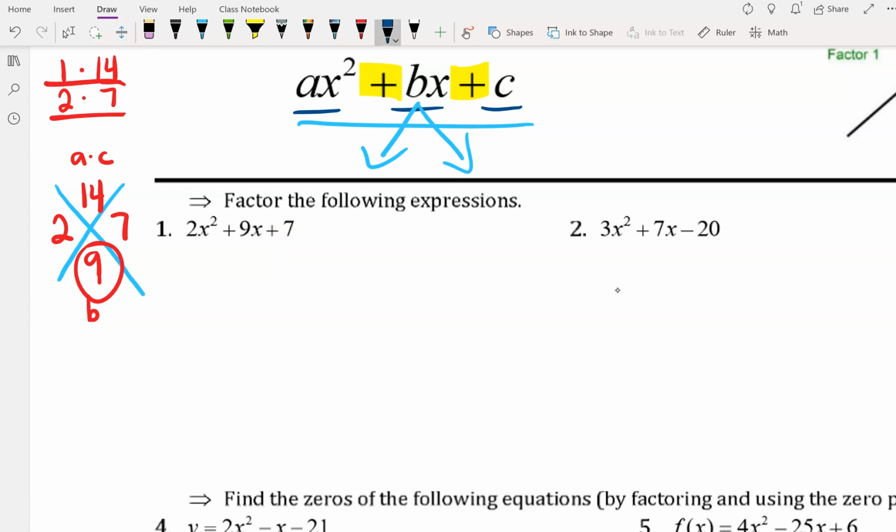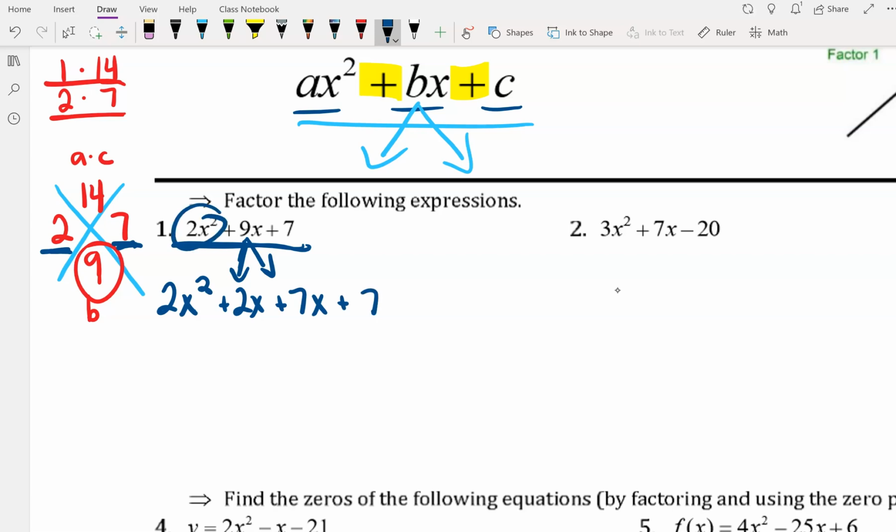So my next step is to rewrite this 2x squared, but instead of 9x, I'm going to split it into 2x and 7x, and then everything else stays the same.